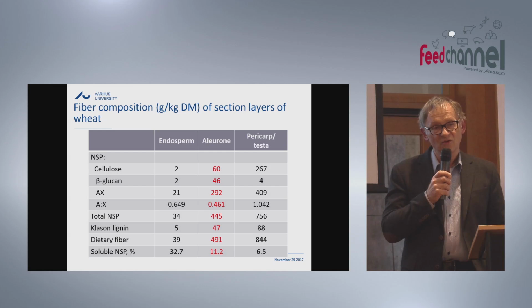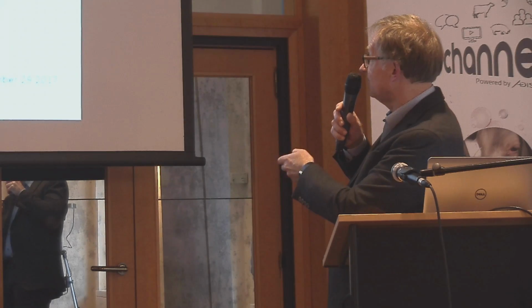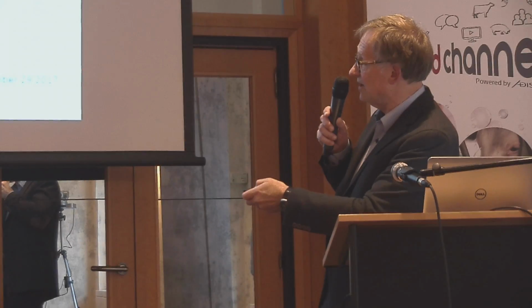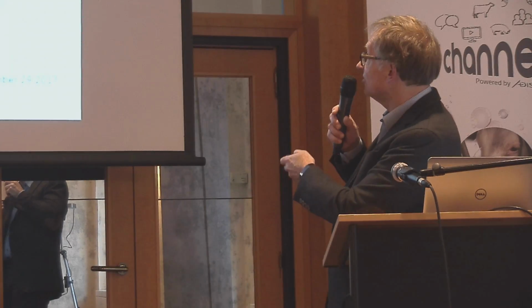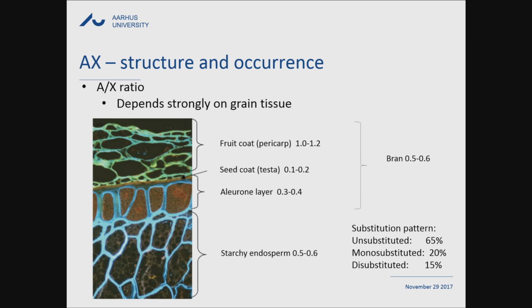When you look down along the line here, you'll see that with regard to the different carbohydrate components, the arabinoxylan content, and the ratio between arabinose and cellulose, the different structures are actually quite different.